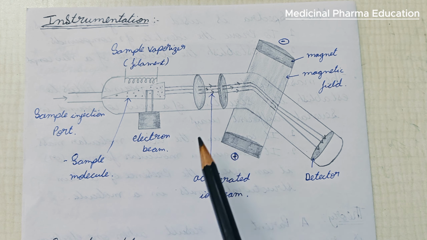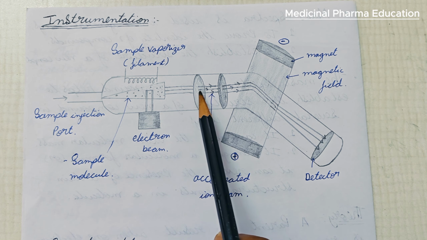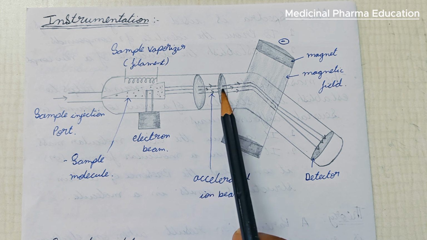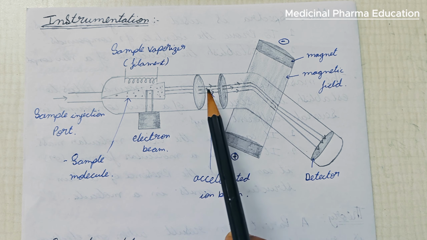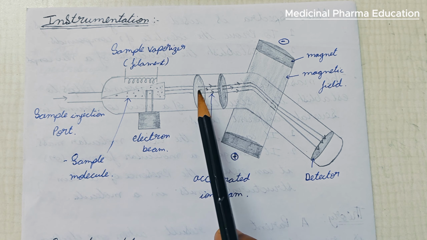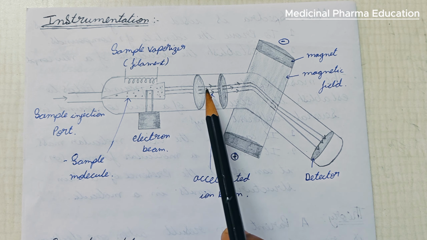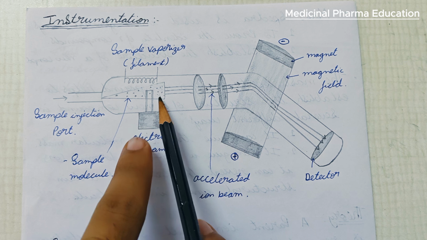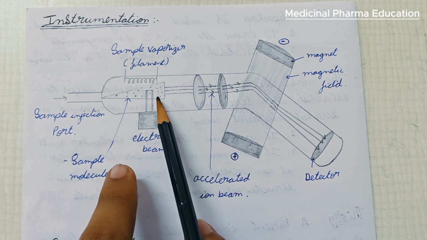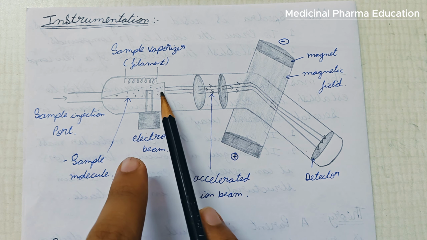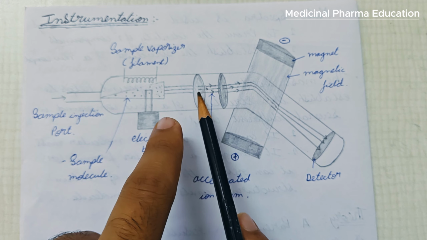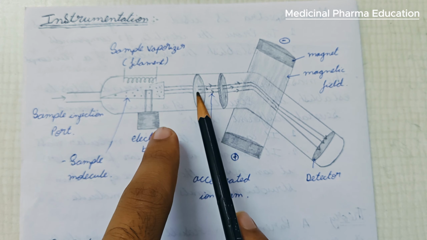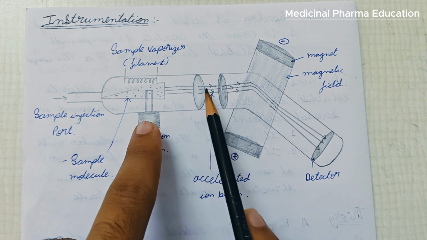Then the accelerated ion beam, for which we use different types. It contains three slits, where different voltages are used. We use a positive magnetic field, as we only take the positive ions, because of the repulsive nature of positive and positive.